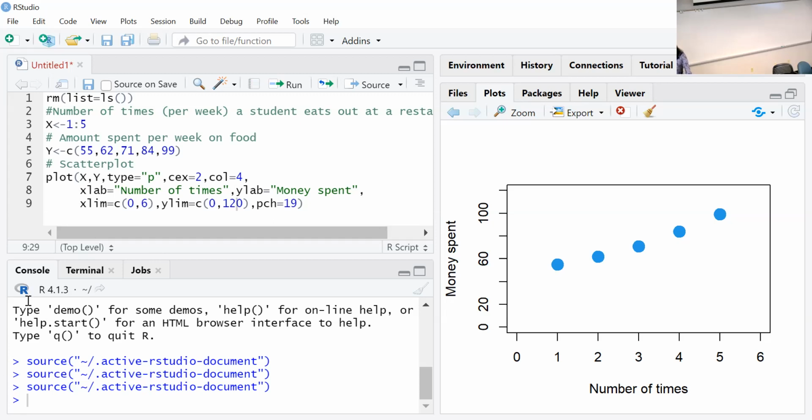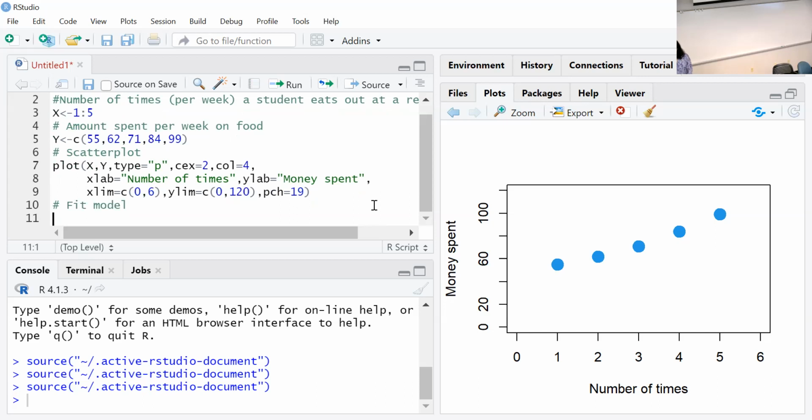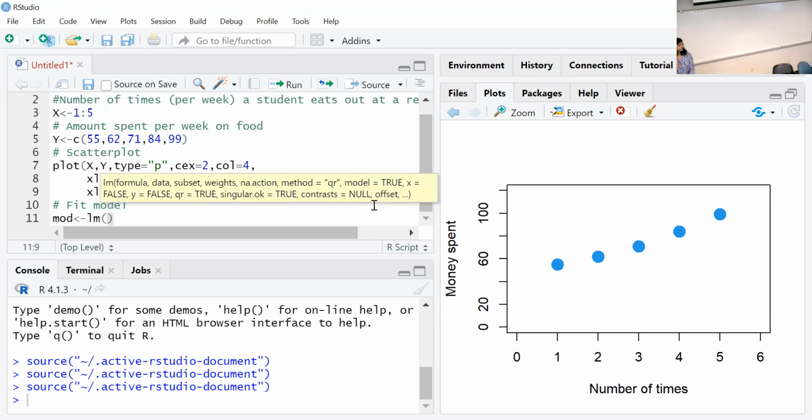So now that we have the graph, the next step is to fit the model. And in R, the name of the function is lm. If you had to take a guess as to what lm is, linear model, very good.